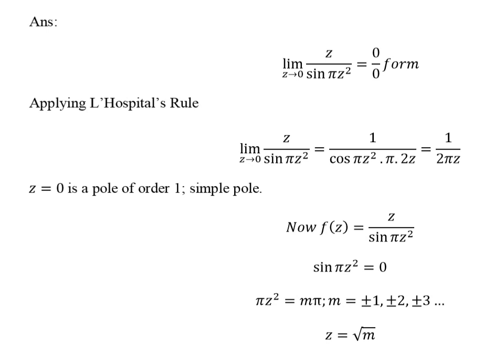For the function f of z is equal to z by sine pi z square, there are also other poles. Now to find that, we equate pi z square equal to m pi. So m can have values both positive and negative, that is plus or minus 1, plus or minus 2, plus or minus 3, etc. So z can have a value root m.